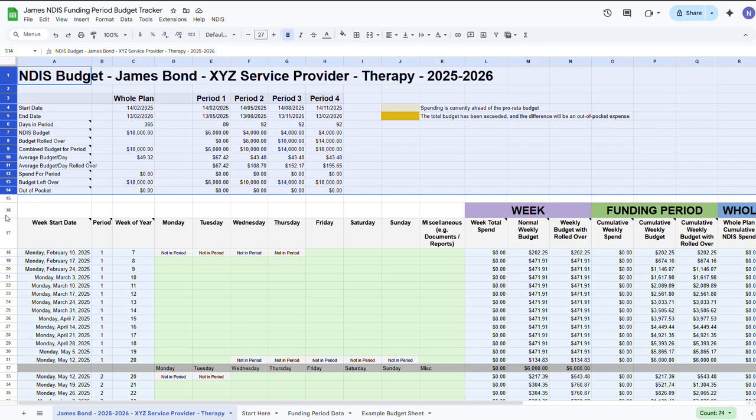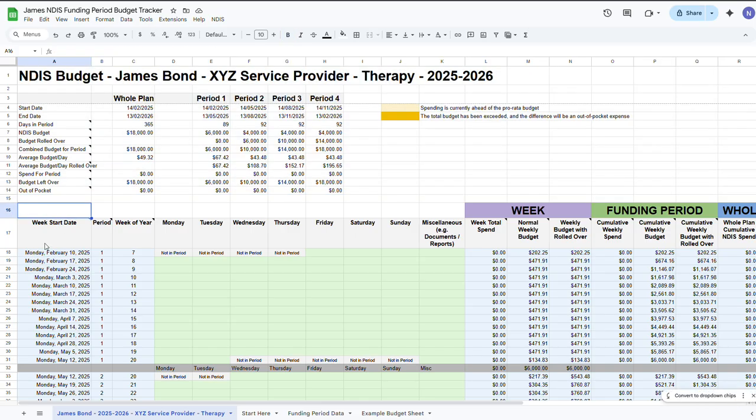And then down below that is week by week, what's happening in each week. So if we go up to the top part, we can see it has 4 periods. So period 1, 2, 3, and 4. And for each period, it's going to tell us the start and end date. So the first period is from the 14th of February to the 13th of the 5th.